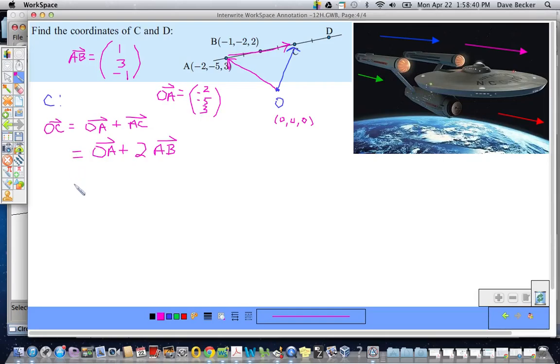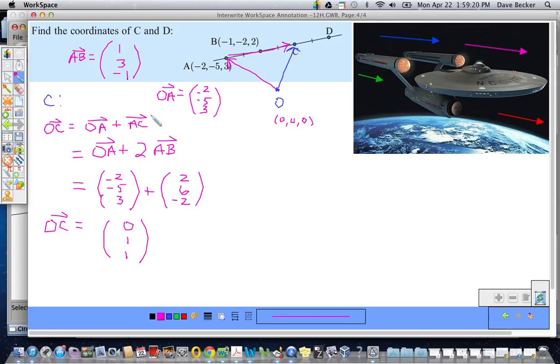So then OC is equal to, let's see, OA is -2, -5, and 3, plus 2 times AB. Well, AB is right here. AB is 1, 3, -1. So 2 times that is going to be 2, 6, -2. Right? So that means that OC finally is equal to 0, 1, 1, if we combine those.